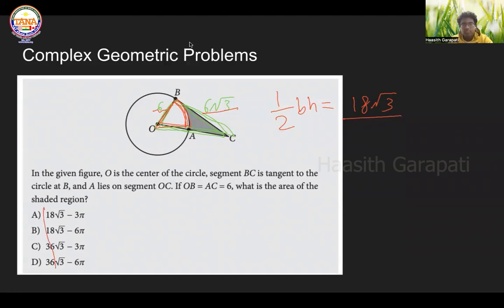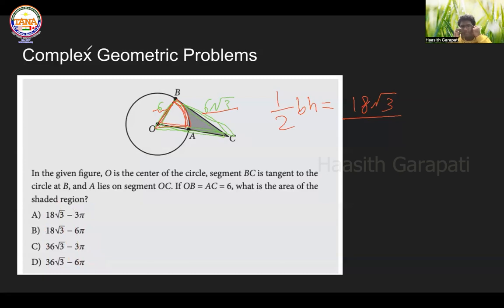This represents the triangle, and this represents the circle. So immediately we can eliminate C and D because they have the wrong triangle values. But yeah, as I was saying, we know the value of the triangle.